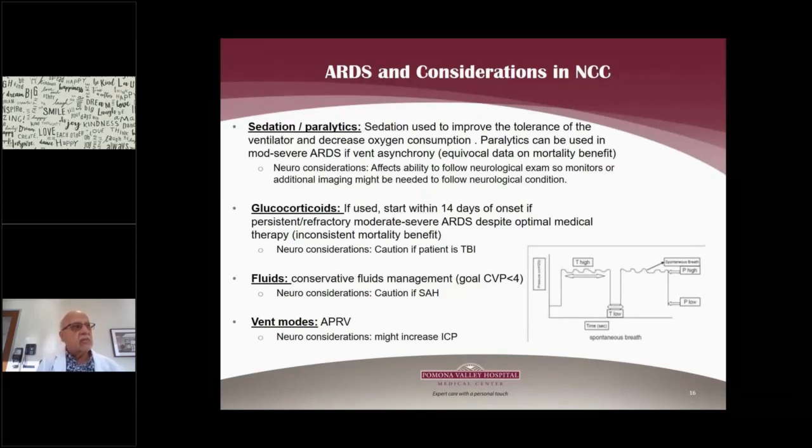In these cases, one has to be very careful that if we drop down the volume, it will lead to more ischemic injury to the brain. So vasoactive agents, again, could be instituted to maintain a certain amount of blood pressure in these cases.